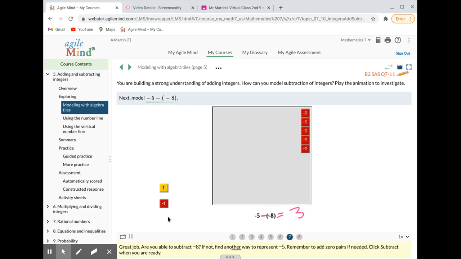Yeah, so the way that I put it in here, and I don't know if it's the right way to do it, but I got 1, 2, 3, 4, 5, and then I'm going to do 1, 2, 3, 4, 5, and then 6, 7, 8.